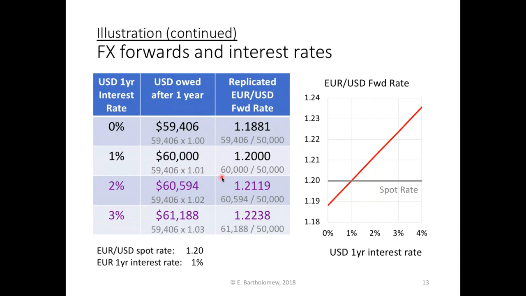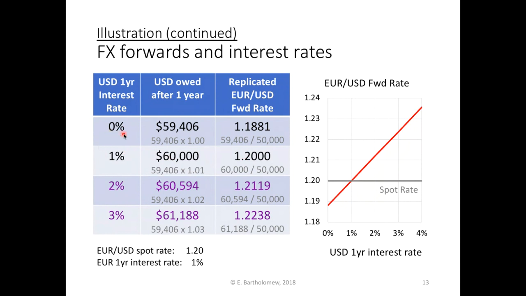So effectively, they are paying $60,000 for the 50,000 euros, or 1.200. So the replicated forward rate would be identical to the spot rate, and that's because the interest rates are identical. The US dollar 1-year interest rate is the same as the 1% euro 1-year interest rate, and because of that, the spot rate is the same as the replicated forward rate.